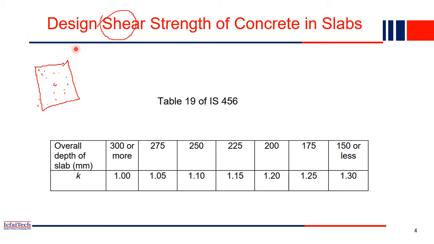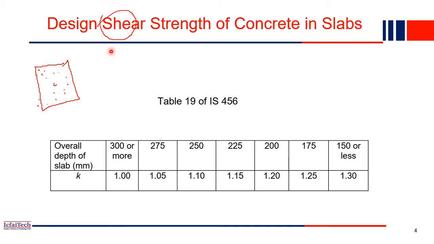Whereas in a slab, the thickness is normally 15 to 20 centimeters. It is not as deep as a beam. If you see any real slab nearby, normally we won't provide stirrups in slabs. Now why?